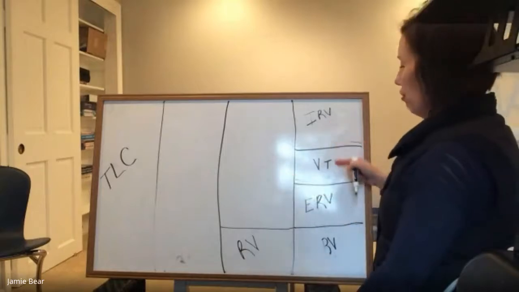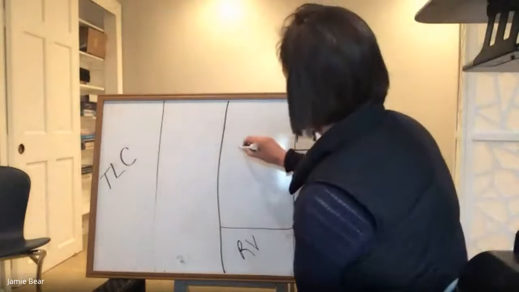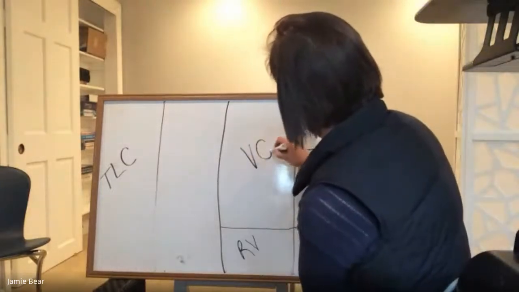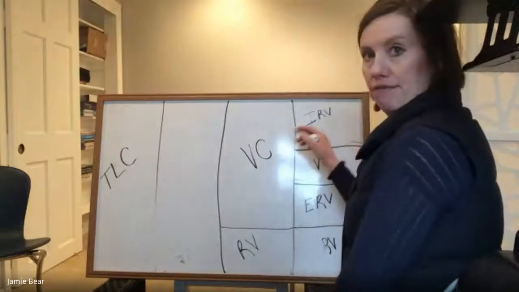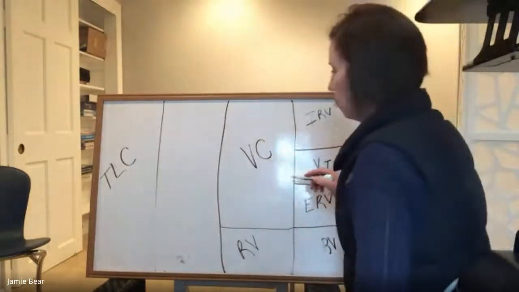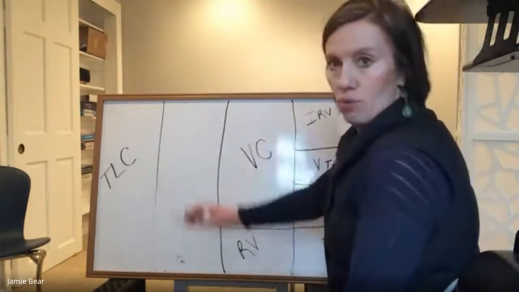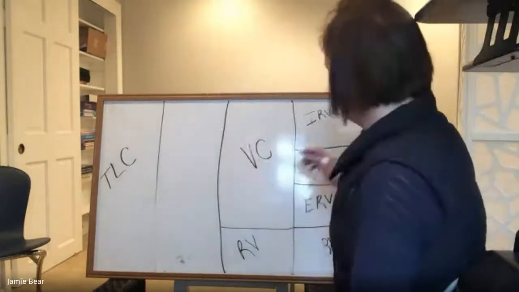And then all 3 of these volumes make up vital capacity. Okay. And all 3 of these, and the vital capacity, can be measured on spirometry. Okay, now we have one more column here. So what's left is inspiratory portion.